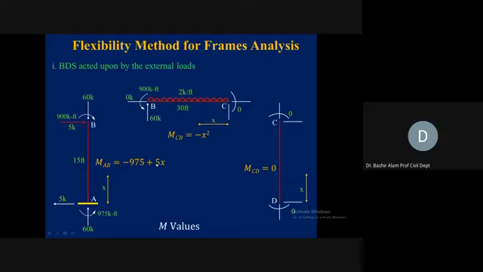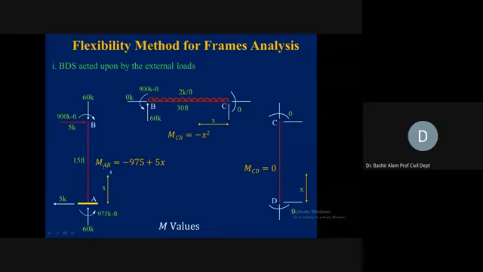I consider myself standing inside the frame. What is away from me is my outer, and the nearest face is my inner one. If we start bending in this direction, the outer will be in tension, so minus 75. And then we have plus 5 times x. Why plus? Because this 5 times x causes compression in the outer fiber. So this is the moment equation for member AB.